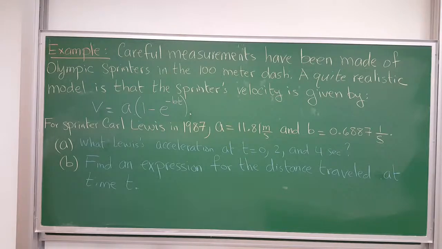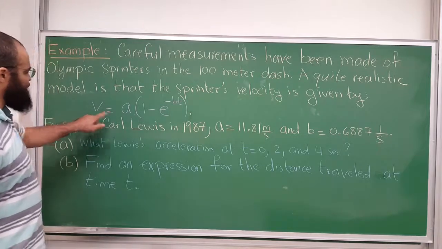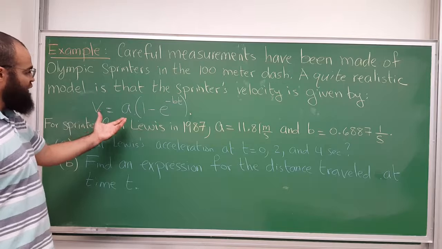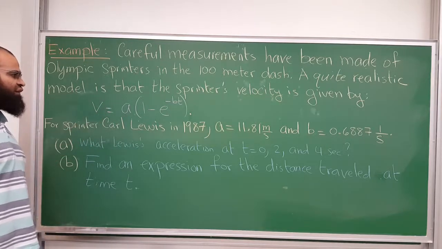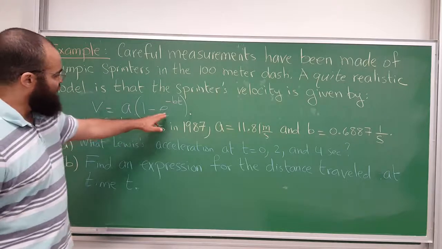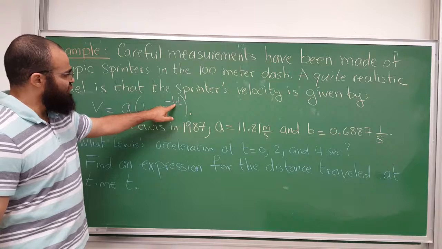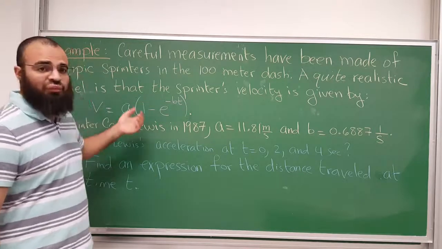That makes sense, because the velocity has to be in meters per second, so A times, if you FOIL this, you have A times 1, that's A. And so it has to have dimensions of velocity, of length over time. And here, e to the something, the time is in seconds, so B has to be in 1/seconds so that they cancel and you just have e to some number.